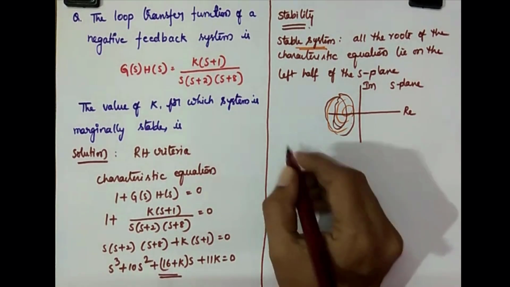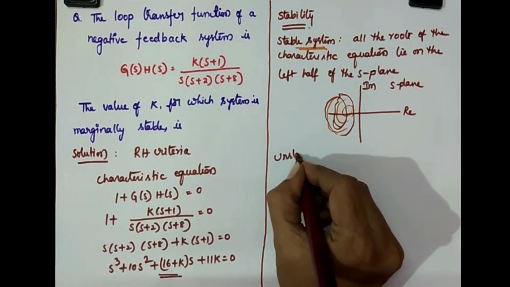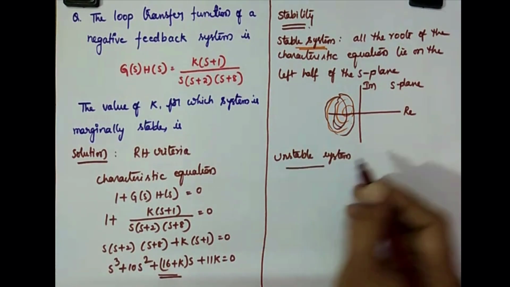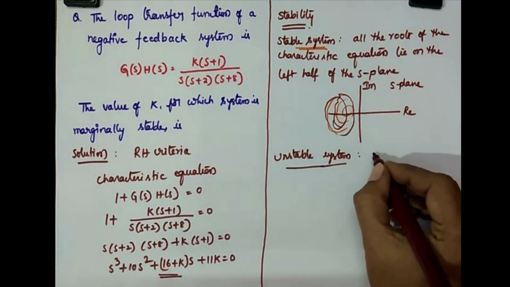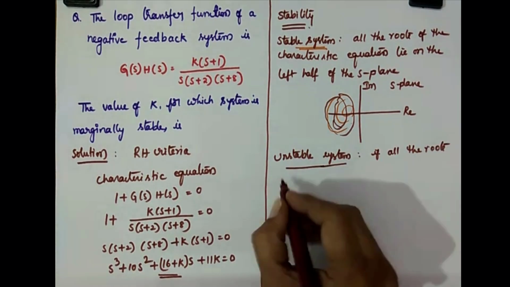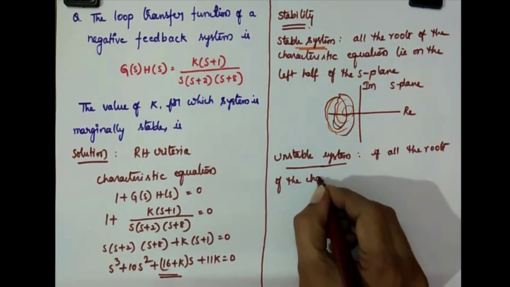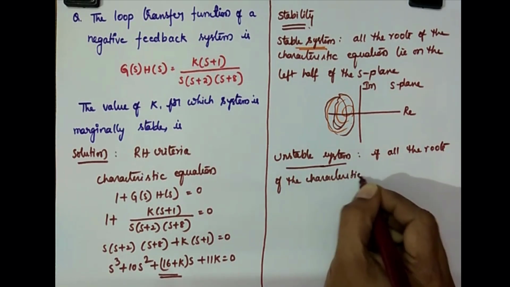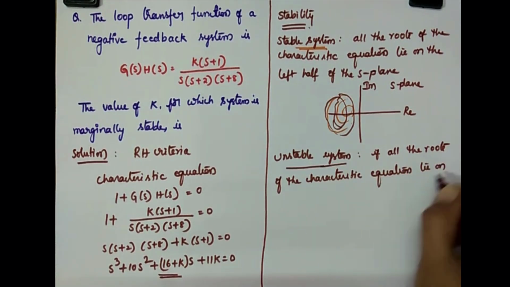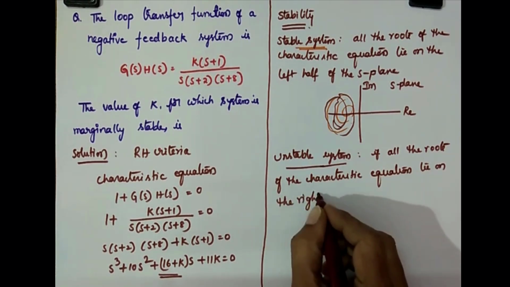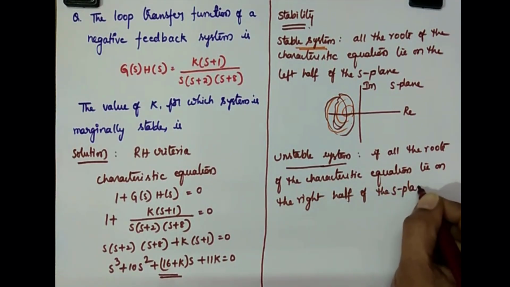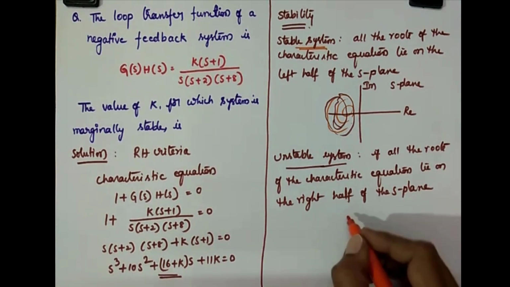Then what is an unstable system? If all the roots of the characteristic equation lie on the right half of the S-plane, then the system is said to be unstable.